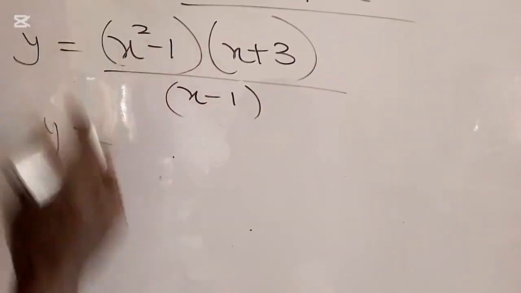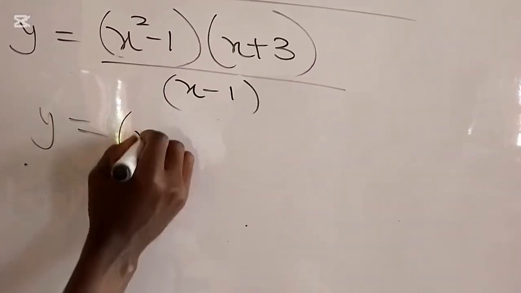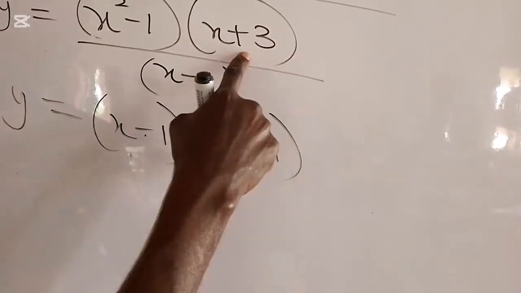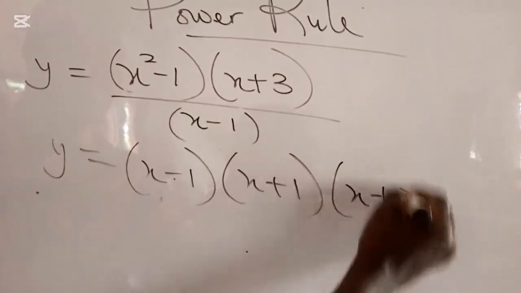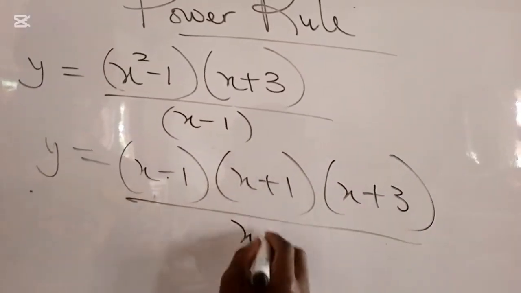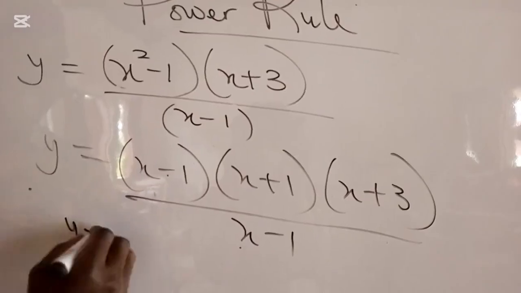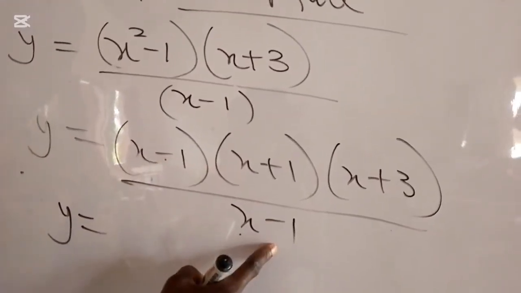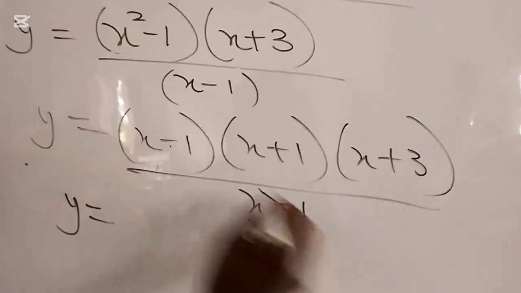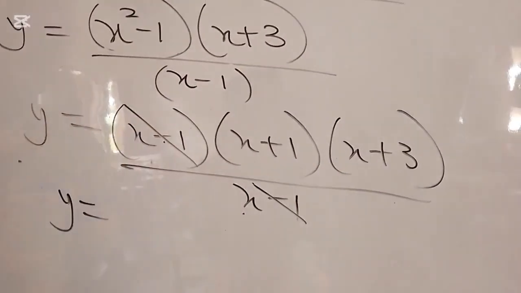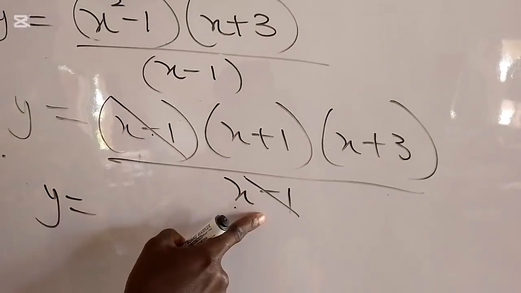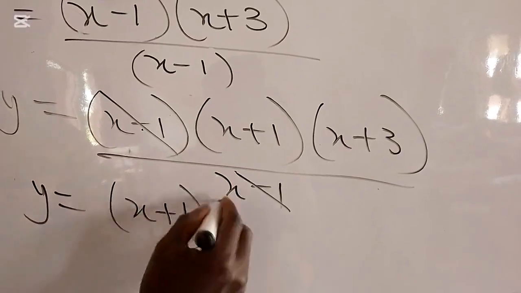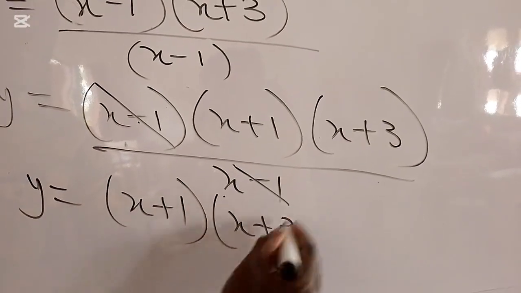I told you early on that it can be written as x minus 1, x plus 1, then we have our x plus 3 all over x minus 1. What can you see? You can see that we have x minus 1, x minus 1 here. This will cancel this. And if this cancels this, what are we left with? We are only left with x plus 1, x plus 3.